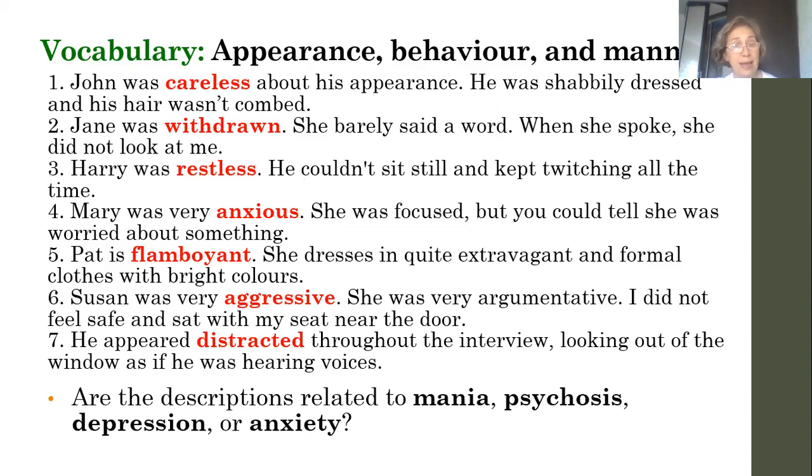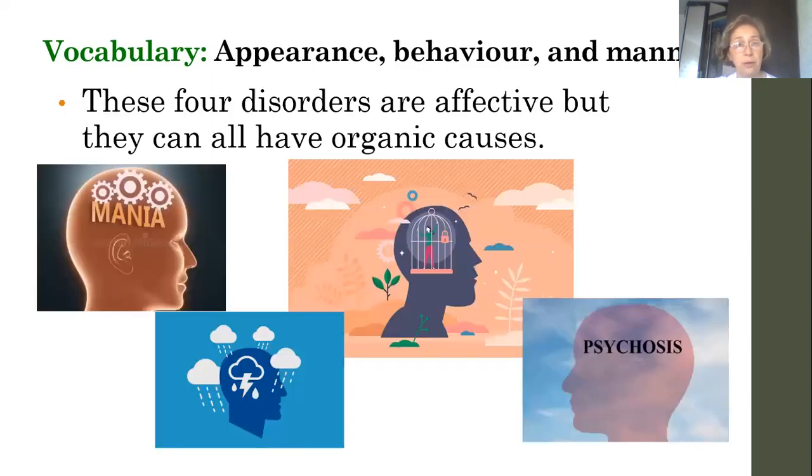We need to understand the difference between these abnormal mental disorders. Mania is when you think of some kind of idea, you always think of this. The first picture represents something happening in your head. The picture with the rain illustrates depression. The person is always in a bad mood. Then the biggest picture stands for anxiety: a person is inside a cage, unhappy and worried about this, and just wants to fight and get out of the cage. And psychosis, there is also a kind of contradiction.